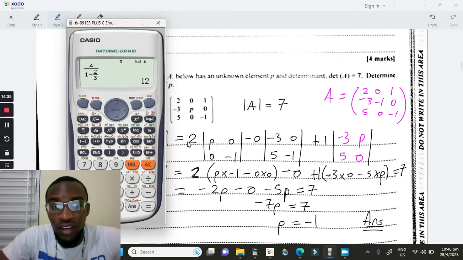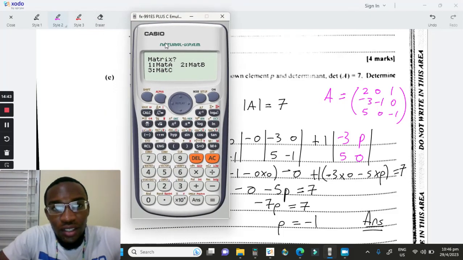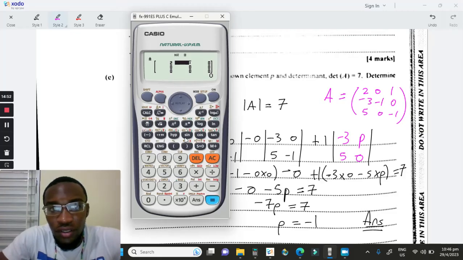So let's verify it. We'll go on mode, we'll go on matrix, and we want 3 by 3. Alright, this is 2, 0, 1.